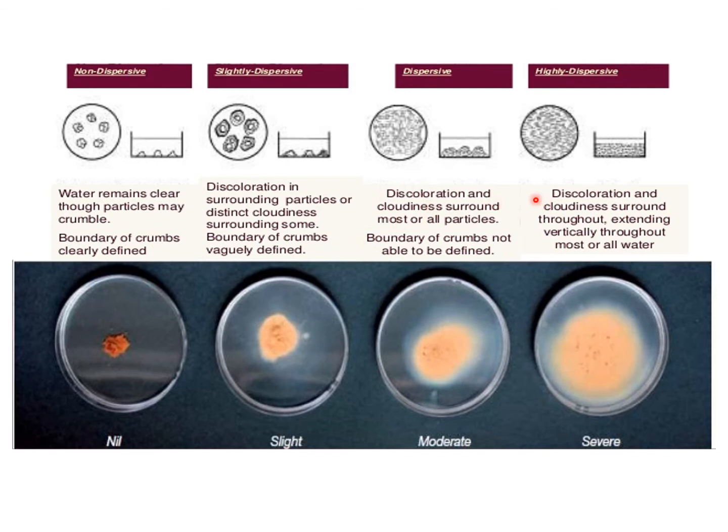And look at the description given for the grade 4, that is the highly dispersive. And here if you just go through these words, discoloration and cloudiness surround throughout, extending vertically throughout most of all water. So these are the 4 grades.